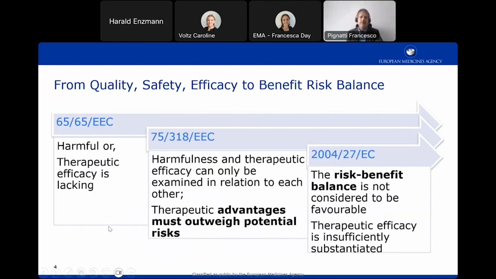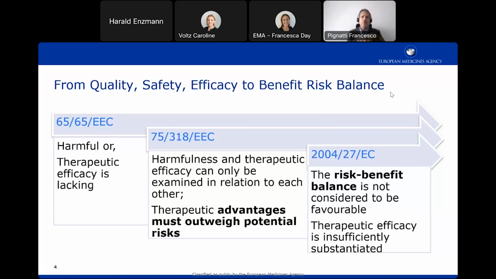Well, in the beginning, the concept of approval of a marketing authorization hinged on demonstration of efficacy. Then this was spelled out as an application will be refused if quality, safety, or efficacy are not demonstrated. It was only in the 70s that the concept of benefit risk was included in some of the preambles to one particular piece of legislation, where it was said that the safety can only be seen in relation to the benefits.